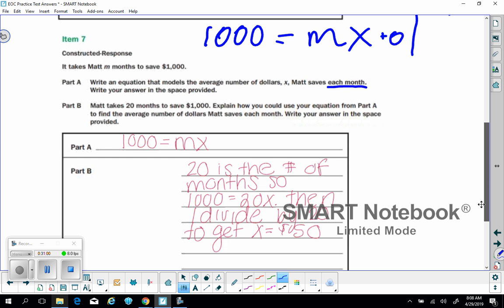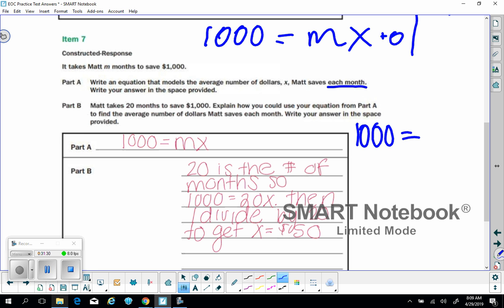Okay. Part B. It takes him 20 months to save $1,000. Explain how you could use your equation from part A to find the average number of dollars that Matt saves each month. Okay, let's just start with plugging in the information they gave us. So we know our equation, 1,000 equals mx. Do I plug in 20 for m or for x?